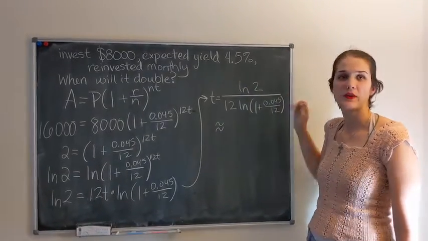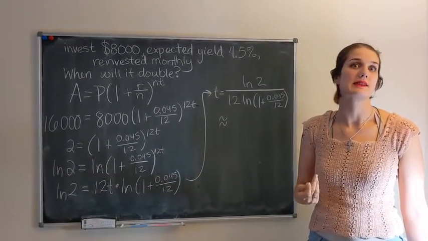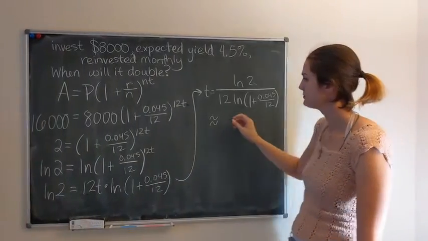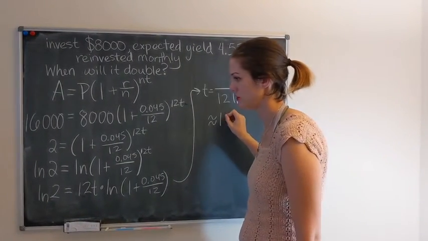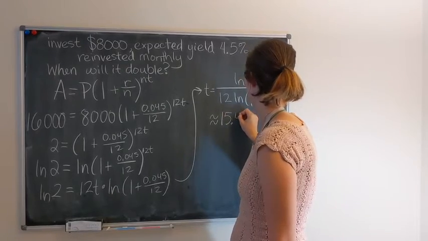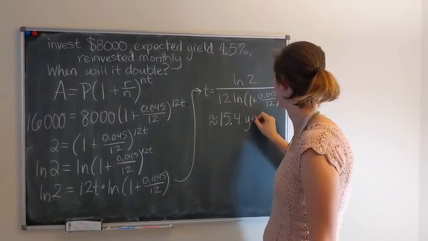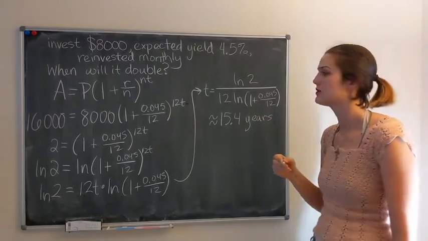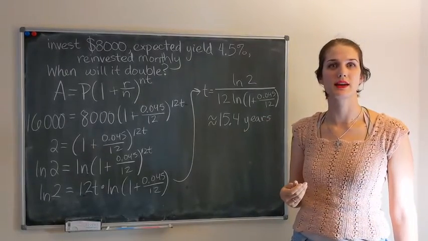And this is something that we can evaluate with a scientific calculator and find that this is going to take approximately 15.4 years for this investment to double in size.